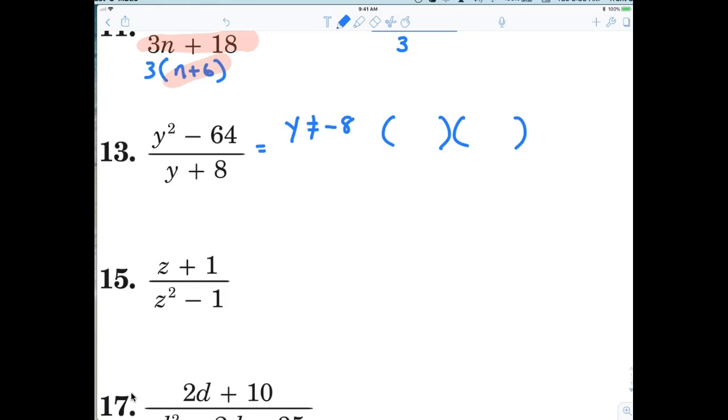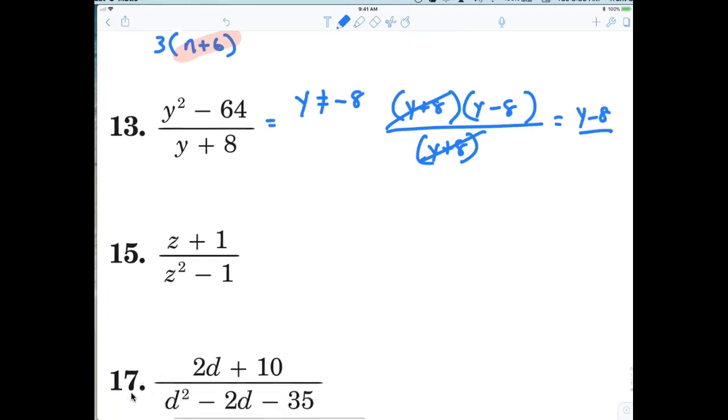You have to remember from last week. Everybody hearing me? Now, what happens to the two y plus 8s? Is it canceled? Now, the y plus 8s cancel, so your final answer is y minus 8. All right, you can put y minus 8 over 1, but it's not necessary. All right?